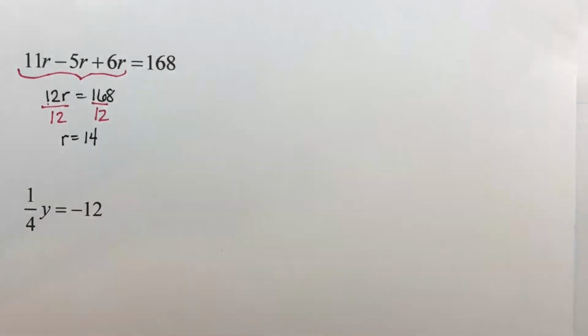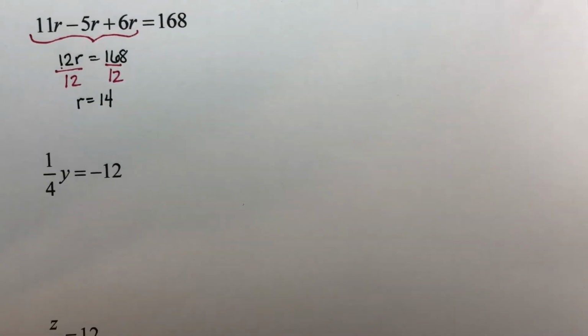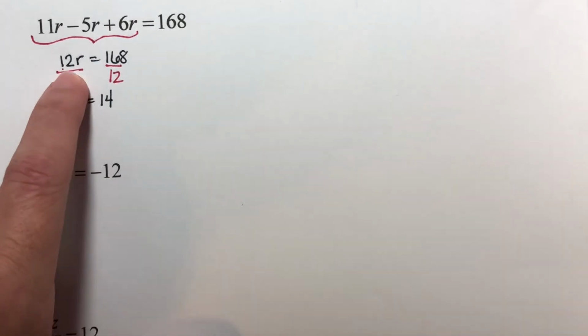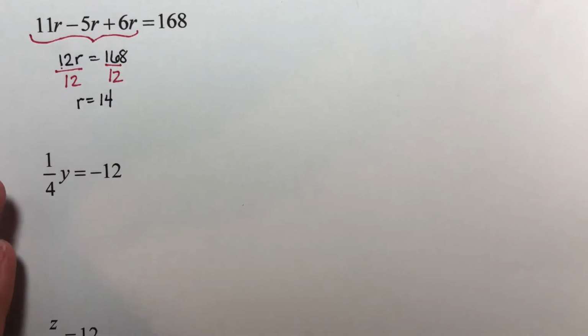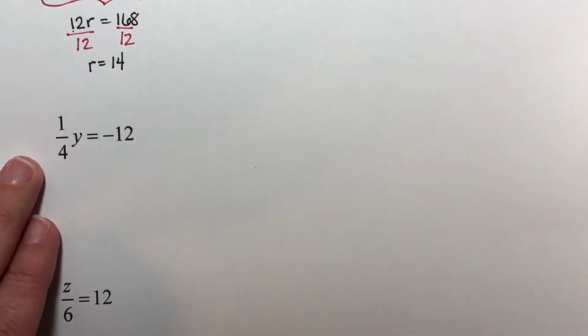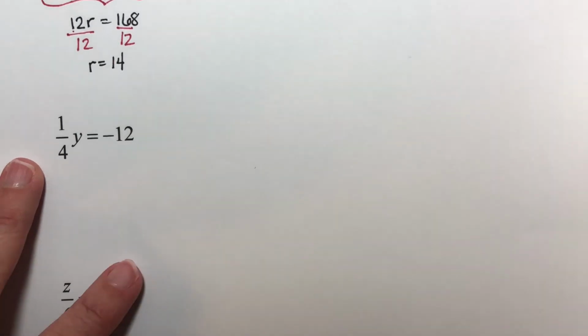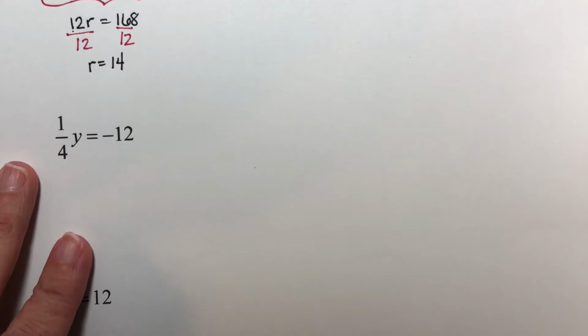Okay. Now, most of the time, we use this property with a division because we end up with a number in front of our variable and we end up dividing both sides. If the number in front of your variable is a fraction, technically we're dividing both sides by 1/4 here, okay? Not the most practical way to get it done.